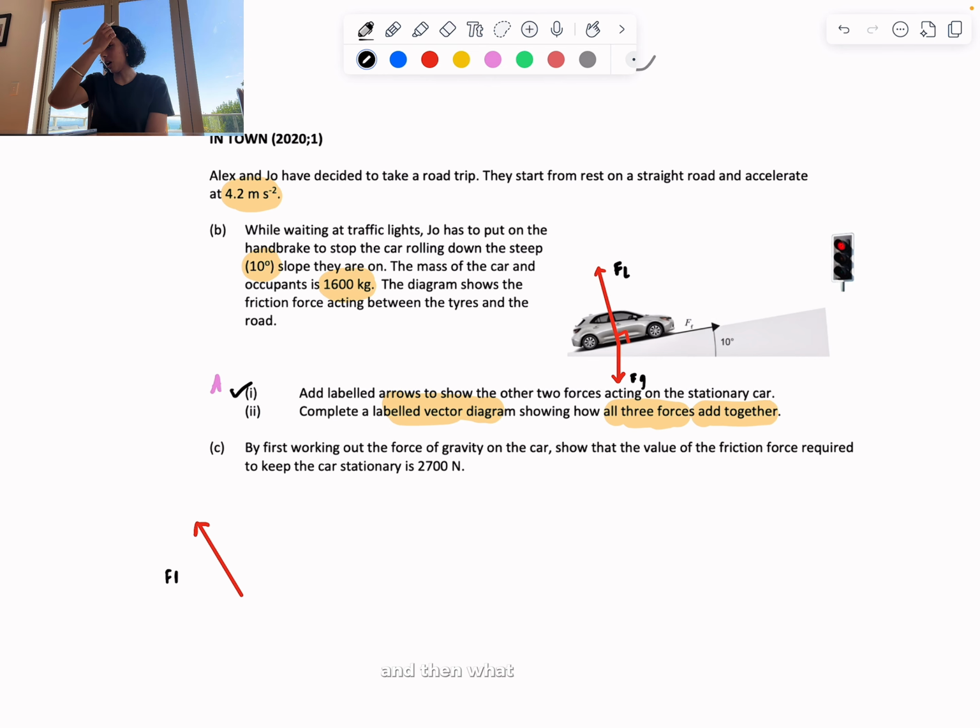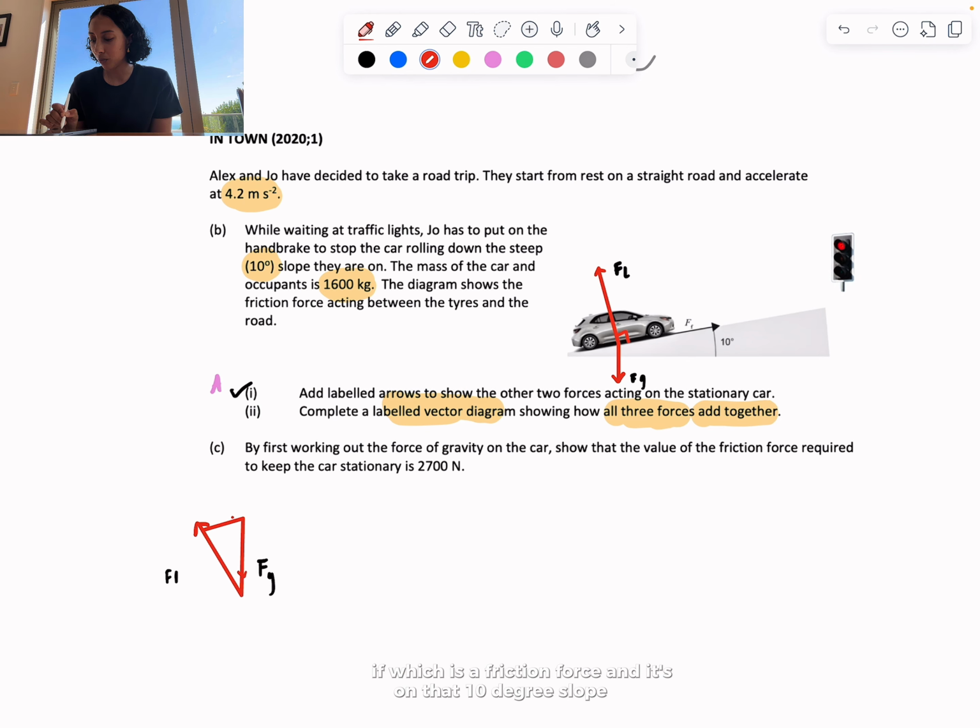And then I've got FG, gravity, and I have to make sure that its head is added to the tail of my previous vector. So that's FG. And then finally, I've got FF, which is a friction force, and it's on that 10-degree slope.